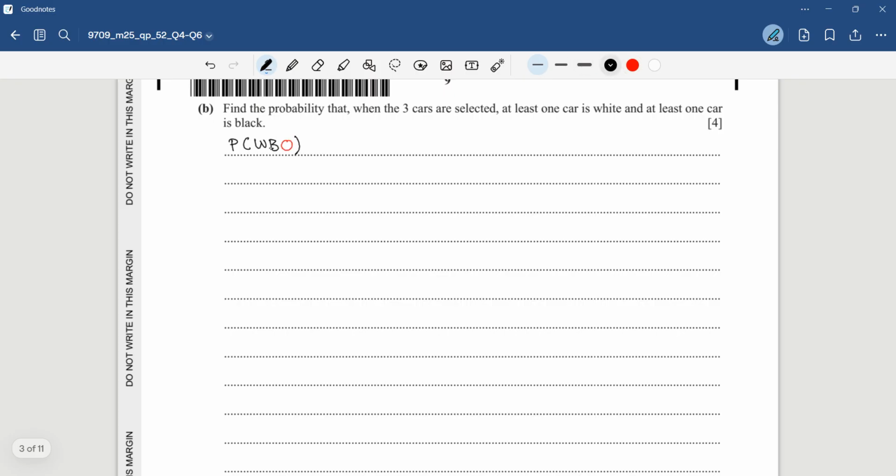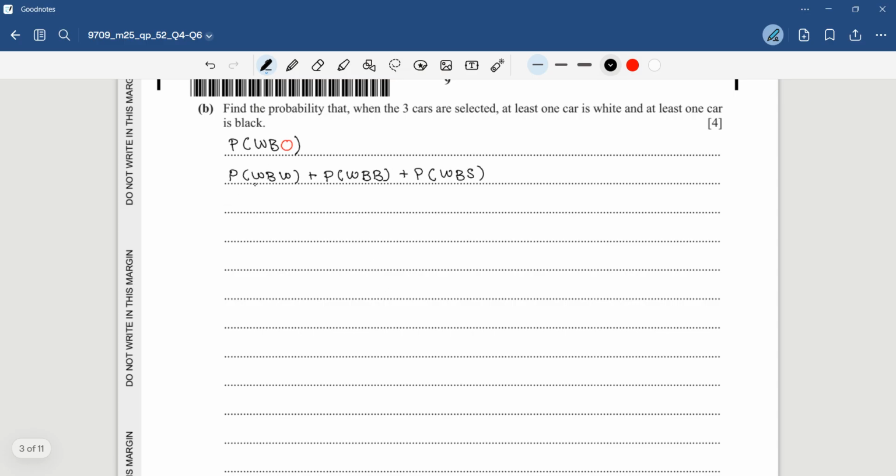So this is the condition: must be one white, one black, and one can be anything. So it can be white, black, white, or white, black, black, or white, black, silver.